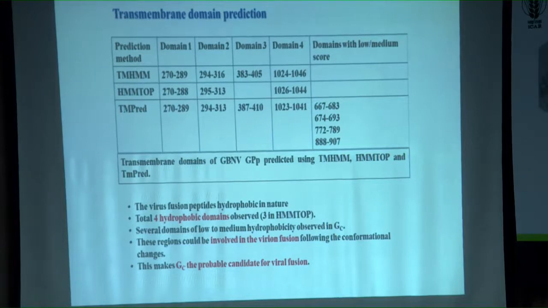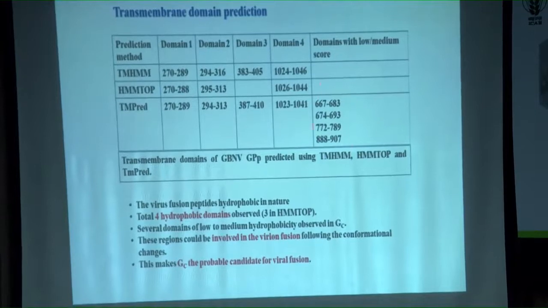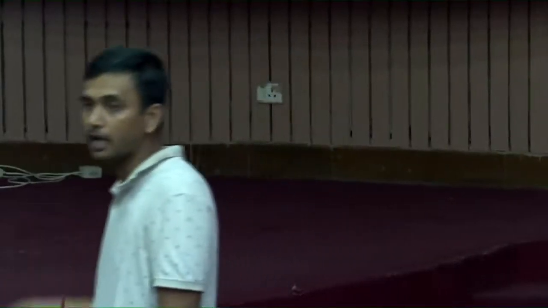Okay, so you always have to use several software to verify your target. Okay. So if you are getting three, that is common. We are saying these three are transmembrane domains, and there are several transmembrane domains predicted at these sites. Probably these are small transmembrane domains present in the GC part of the glycoprotein.